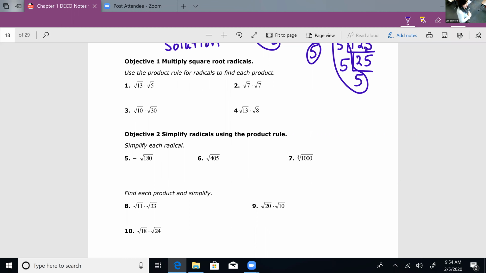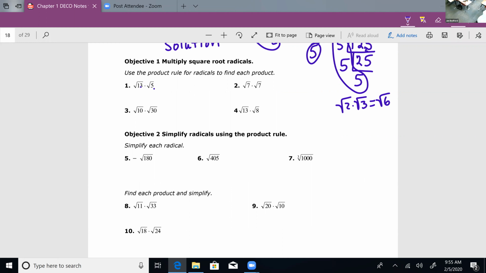So for example, if I had the square root of 2 times the square root of 3, that would equal the square root of 6. Make sense? Okay, so if I have 2 separate radicals, as long as the index is the same, if they're being multiplied, I can put them together as 1. Now, before I do that, I'm going to check to see, is there anything that would be a common factor between those 2 numbers?